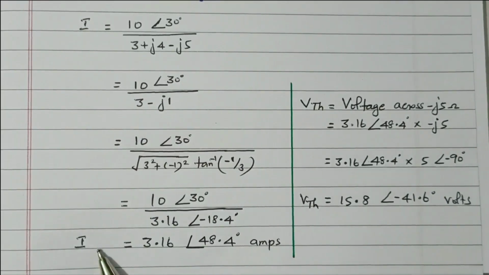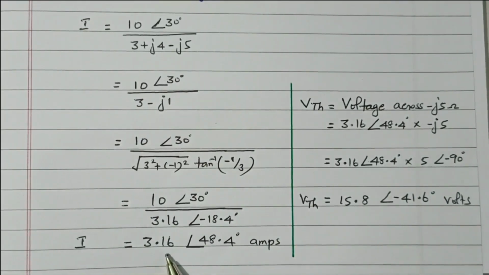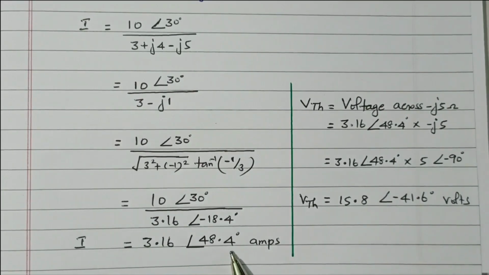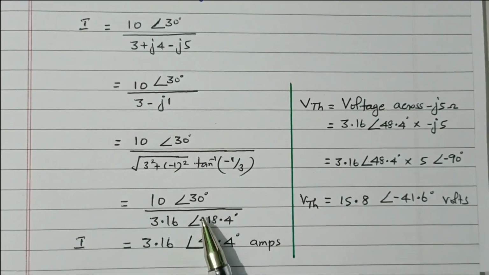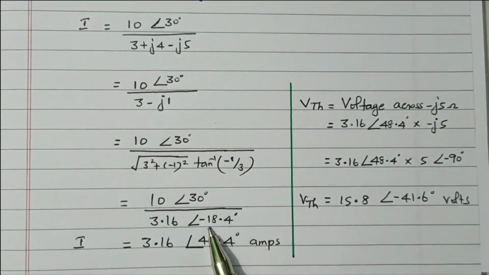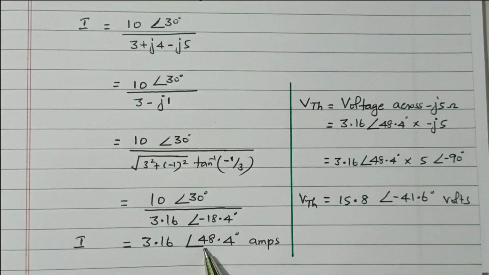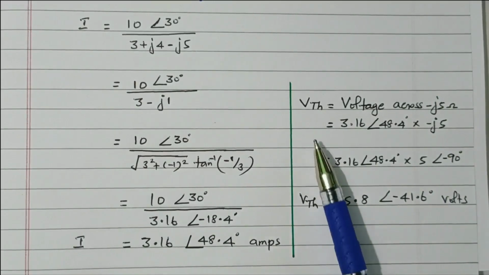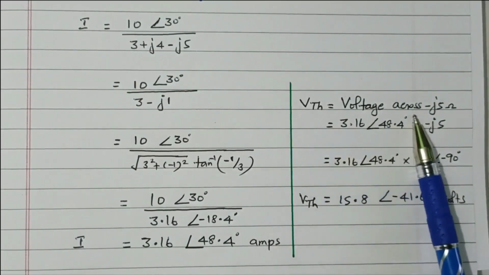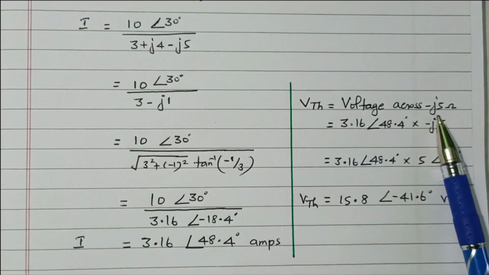So the current value is calculated as 3.16 magnitude with an angle 48.4 ampere. In the division, the angles are subtracted: 30 minus of minus 18.4 becomes 30 plus 18.4, which is 48.4. Now we calculated the current value. The Thevenin voltage is the voltage across the capacitor with the value minus J5.